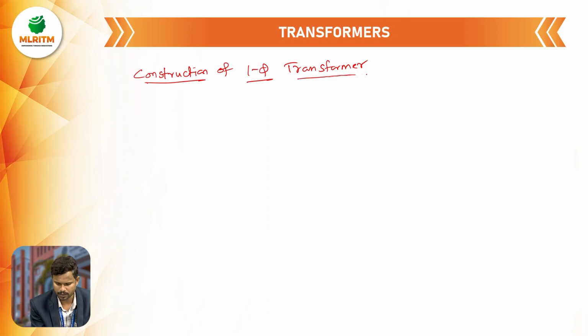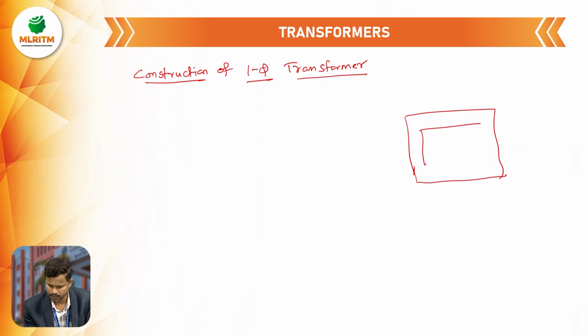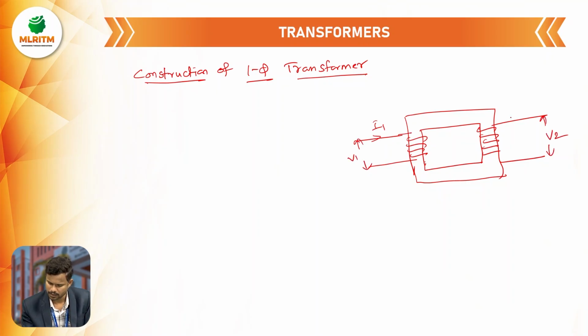From the construction point of view, a transformer consists of two main parts: one is the transformer core and the other is the transformer winding.